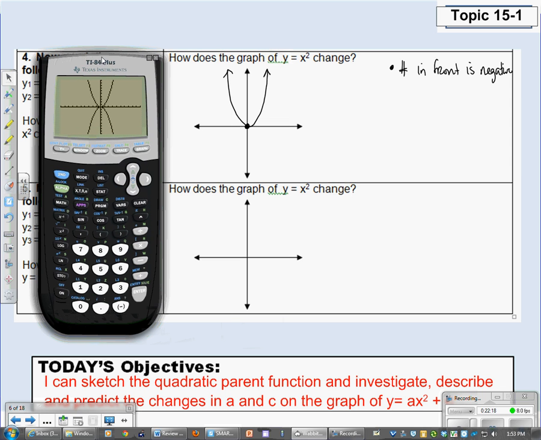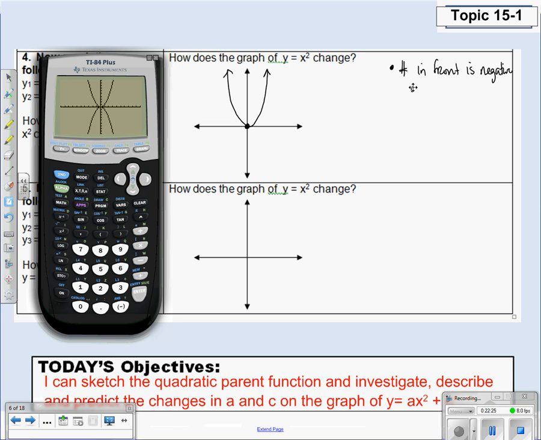So with the negative in front, we see that the graph is flipped. So one description is to say it's flipped. Another description is to say that it is reflected. You may see it mentioned that it is reflected. And another description that I will typically use is that it opens down.